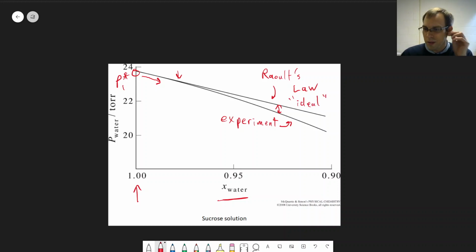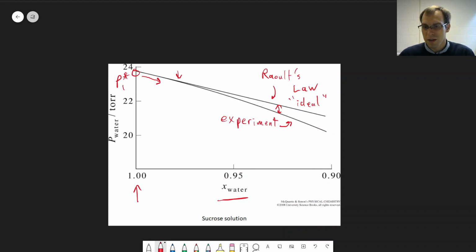This is what the osmotic coefficient allows us to correct for. This is a consequence of the fact that we have non-ideal behavior in these solutions: they don't strictly follow Raoult's law, because the interactions between our solute and our solvent are not the same as between solvent and solvent or solute and solute.